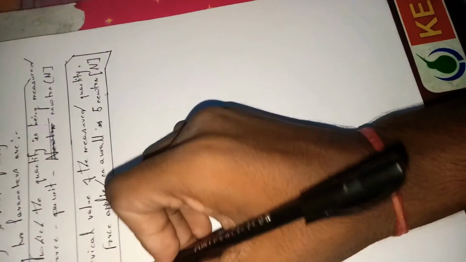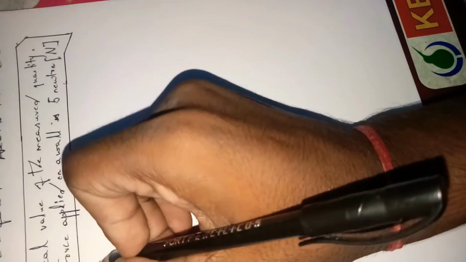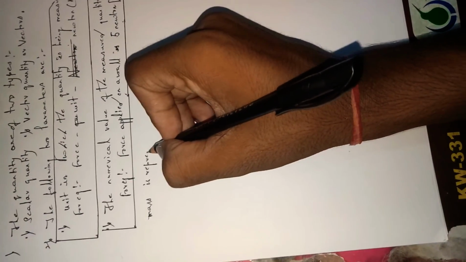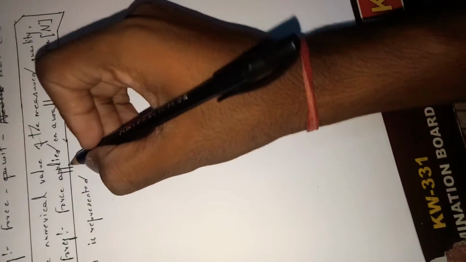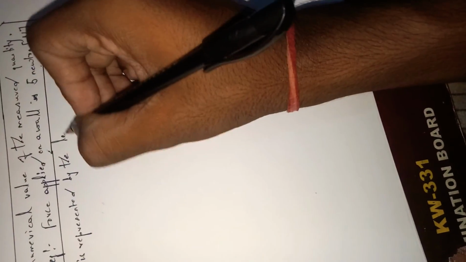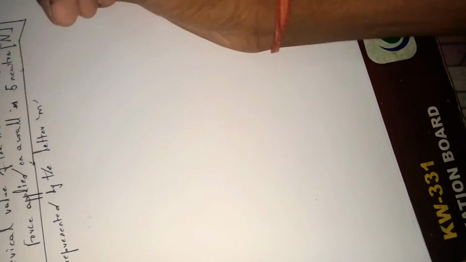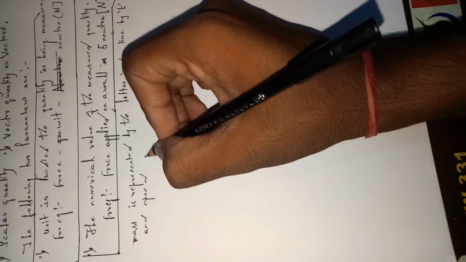For example, mass is represented by the letter small m, time by small t, and speed by small v. I hope you understand the concept of scalar quantity.